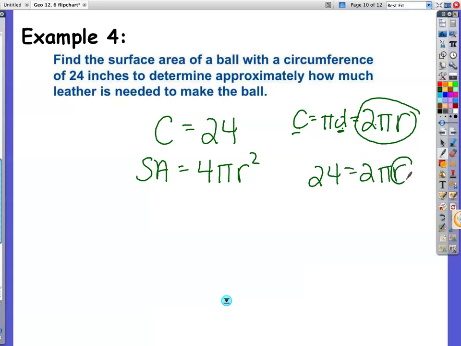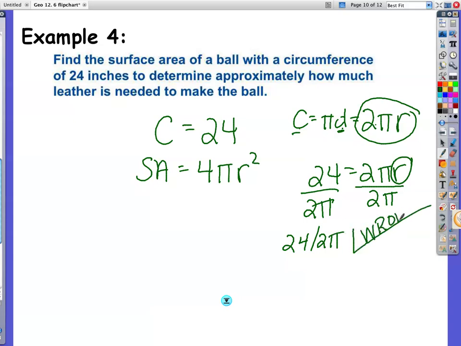If I want to solve for r, I've got to undo the 2 pi, which means divide both sides by 2 pi. All right, watch your calculators here. If you just type in 24 divided by 2 pi, which is what a lot of you are going to do, it will be wrong, because what it's doing is taking 24, dividing it by 2, and taking that answer times pi. So what we want to do is 24 divided by, and then in parentheses put your 2 pi.